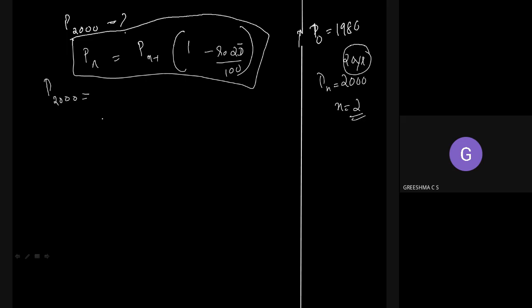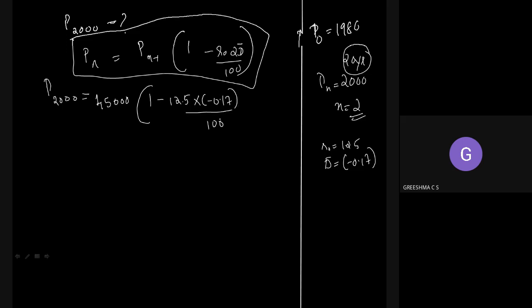In 1980, the population is 45,000. So 45,000 into 1 plus R0, which is 12.5, minus D dash, which is 0.17, divided by 100. Okay, this is not plus, this is minus. Sorry.